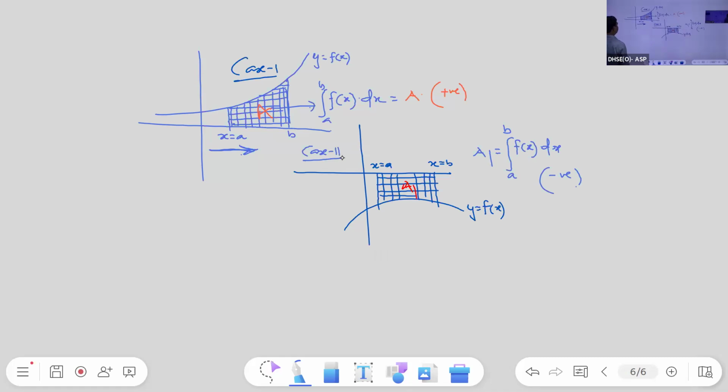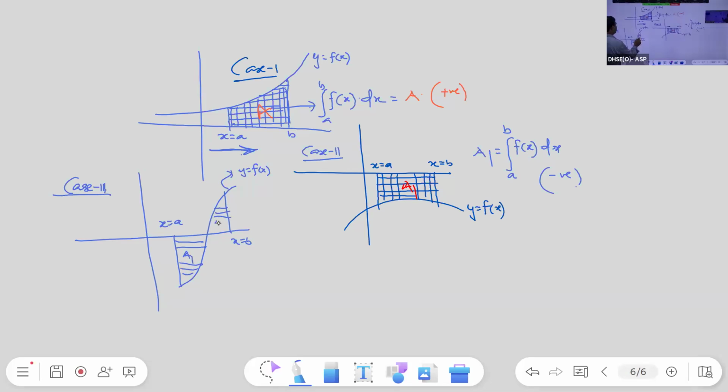Then come to case 3. Suppose the graph of the function is like this. y is equal to f of x. Between the ordinates at x is equal to a and x is equal to b, some part of the curve is below the x-axis and some part of the curve is above the x-axis. Let this area be A1, and this area be A2.